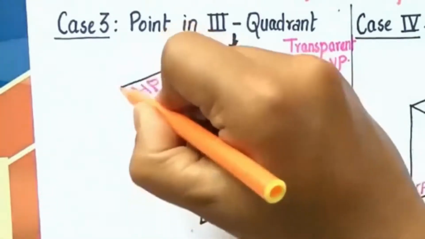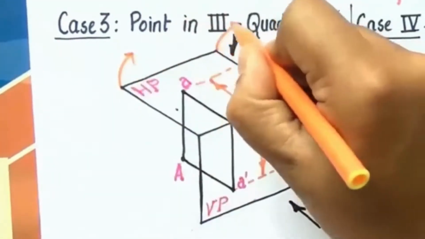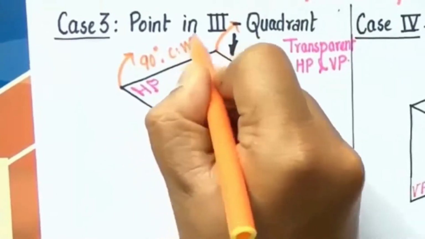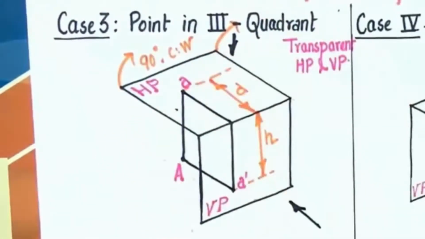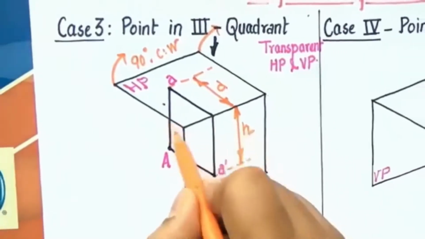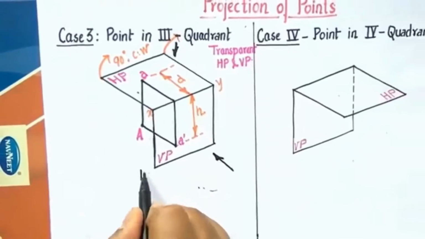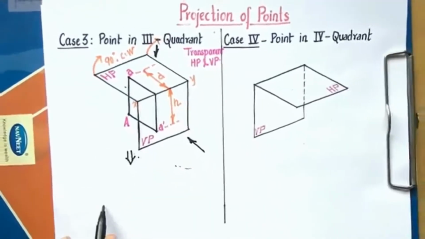We know that the horizontal plane has to be rotated by an angle of 90 degrees in the clockwise sense. All right, and when you do so, you'll have this xy line. So let us make this corresponding orthographic view.